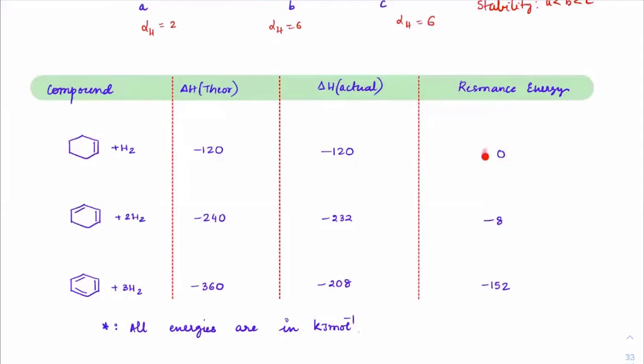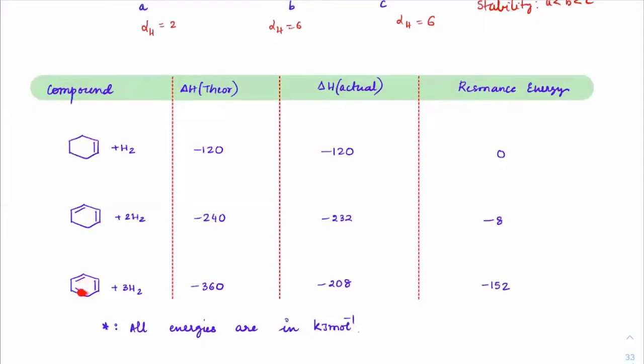There is no resonance energy as no resonance happens here. But if you have cyclohexadiene, the expected value is double this. For every double bond it is minus 120, so for 2 double bonds I should get minus 240. But the actual amount is minus 232, which tells us there is some resonance energy, and minus 8 is the resonance energy.